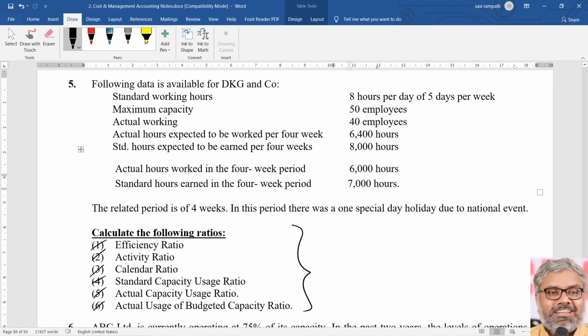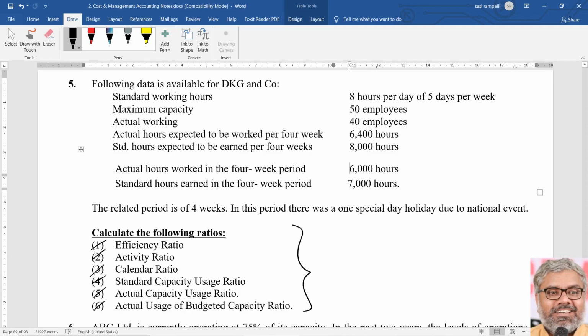Very, very important. Particularly for the first compulsory question, a 5 marks question, these types of questions can be very well expected. Easy 5 marks will be in your pocket, provided you are thorough with the formulae. Otherwise, you will be looking at the question and cursing yourselves, thinking I should have remembered those formulae.